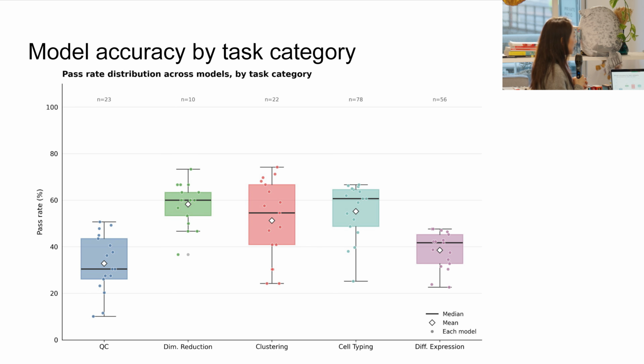For SC bench currently, we break evals into QC, dimensionality reduction, clustering, cell typing, and differential expression. Our hypothesis is that agents would typically fall miserably in the more downstream analysis, such as cell typing or differential expression, because they require more domain biological knowledge.